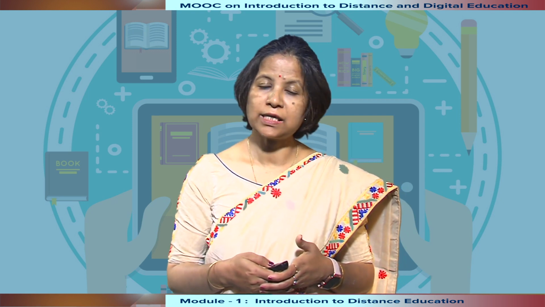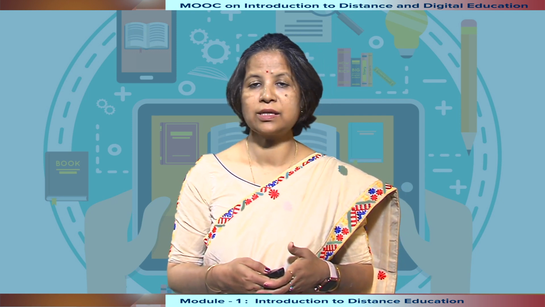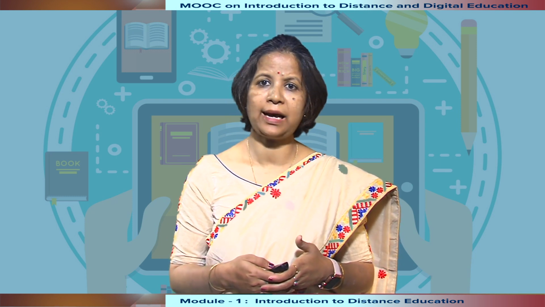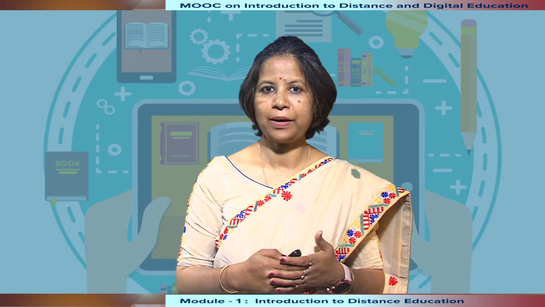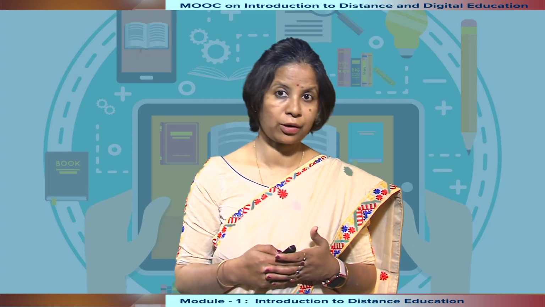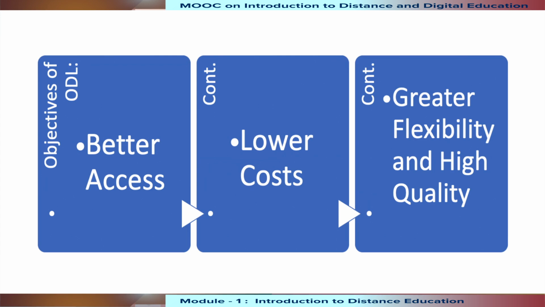Today, for its flexibility, this system is considered indispensable as far as education is concerned, that is, getting education anytime, anywhere, and for anyone. The basic objective behind this system is to make democratization of education possible in India.